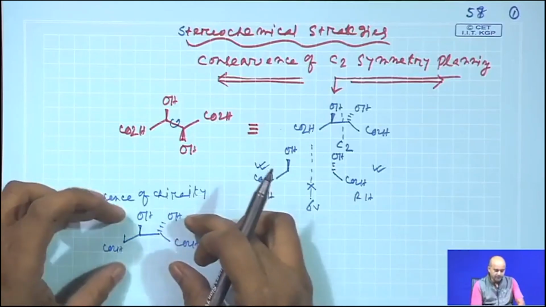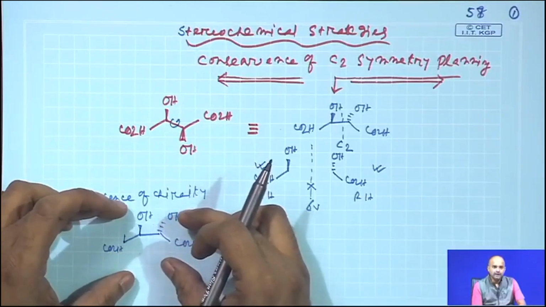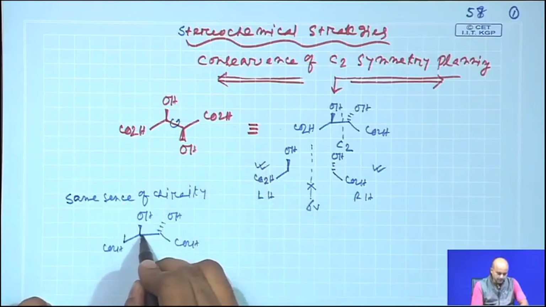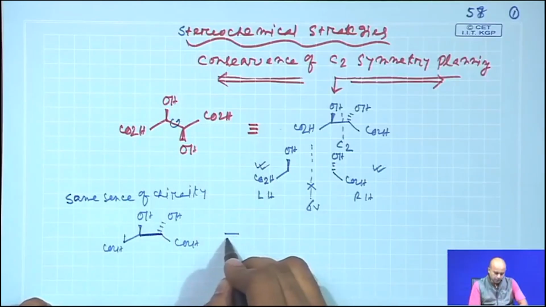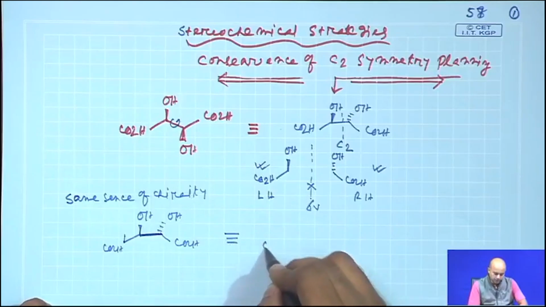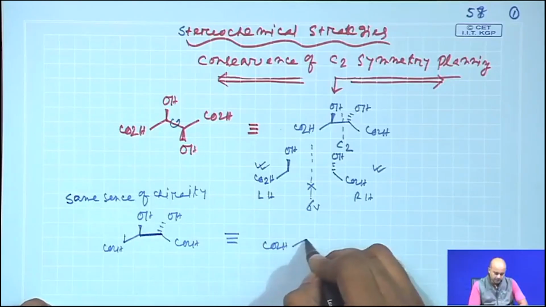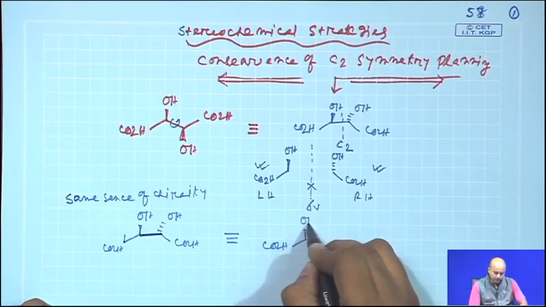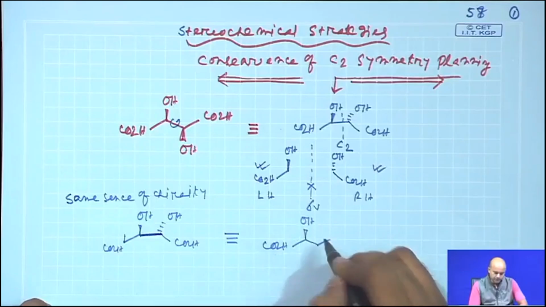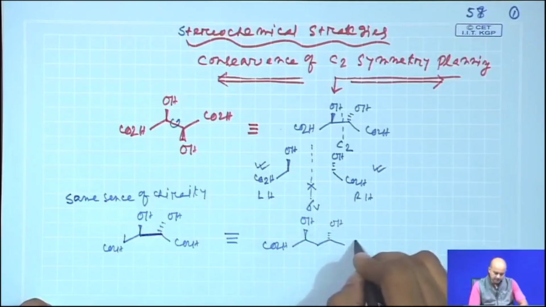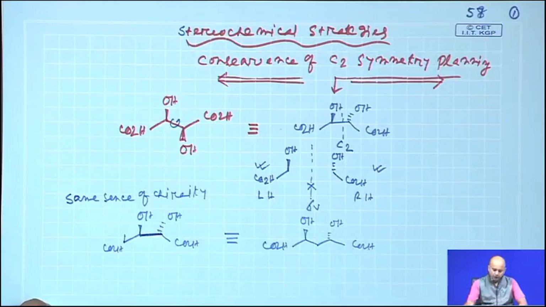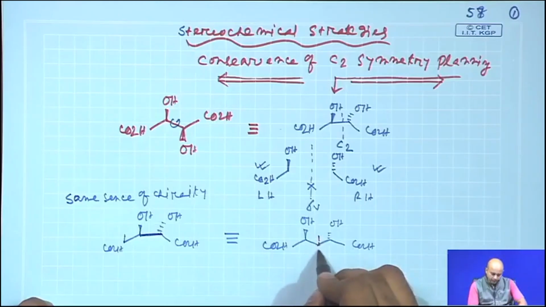The left half and right half have exactly the same sense of chirality, and the bond is made in this way. Similarly, you can devise a molecule like this, where you put some extra methylene. This also has a perfect C2 symmetry.